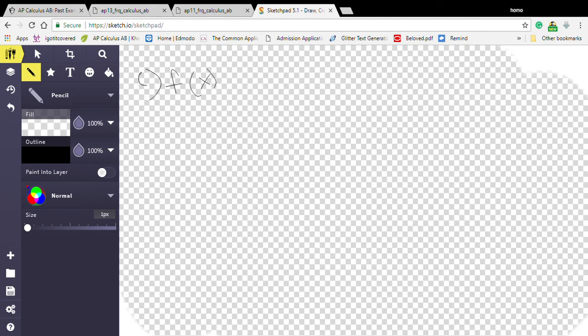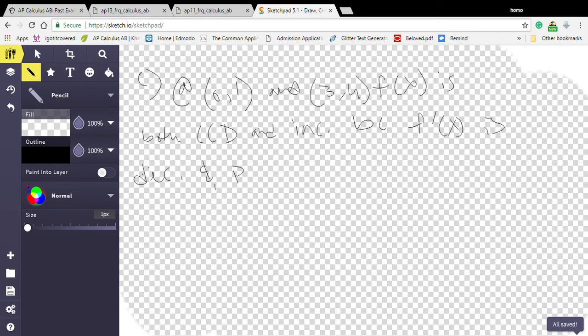So for our answer, we're going to write, my bad, we're going to write 0 to 1 and 3 to 4, f of x is both concave down and increasing, because f prime of x is decreasing and positive.